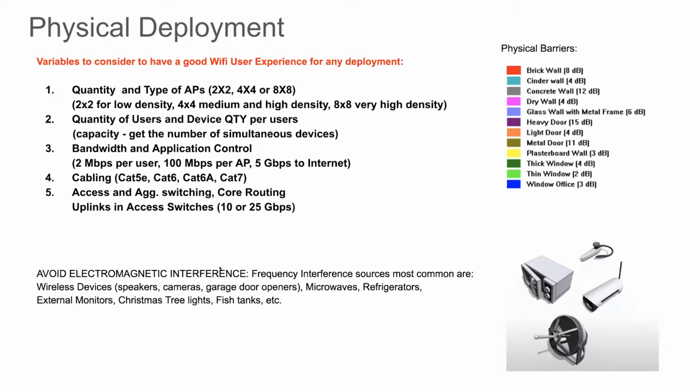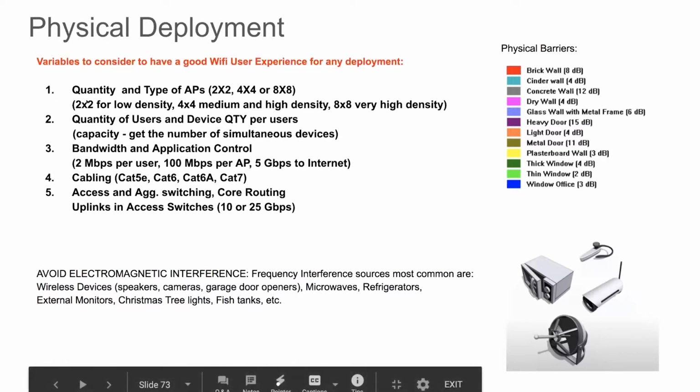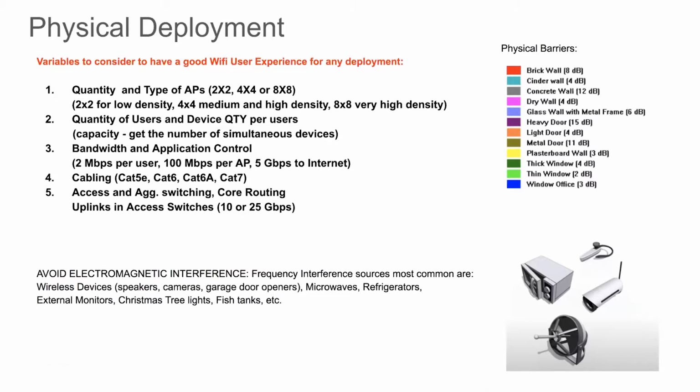Okay, so the first point here is the quantity and the type of antennas. It is clear that we do not use the same type of antenna in a Starbucks or in a 7-Eleven store than in an office or in an auditorium. Depending on the needs and the spatial flows that the user needs, and obviously the quantity of devices and users, we're going to define the AP model.